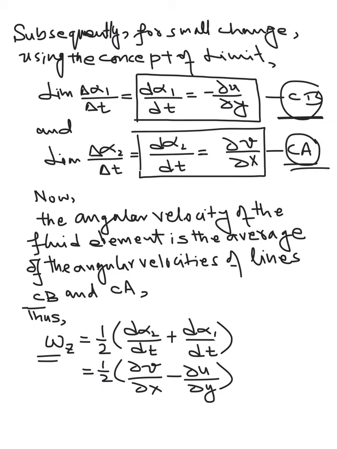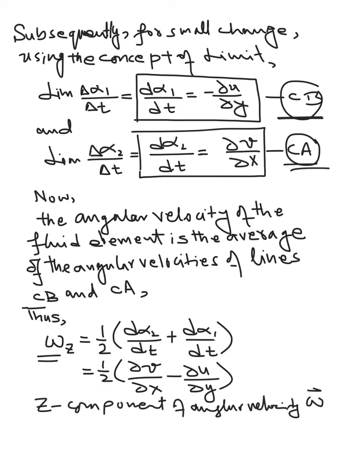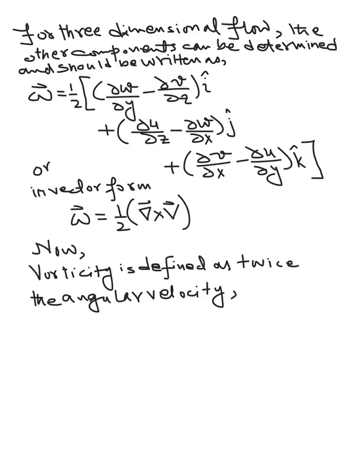Make sure that it is the z component of angular velocity. Omega is actually a vector.